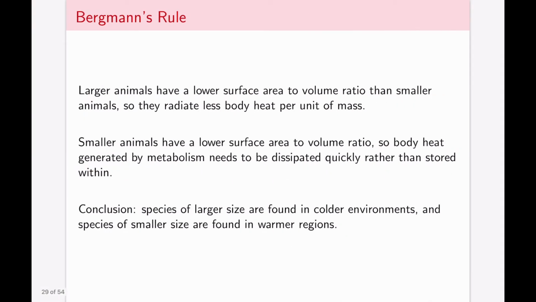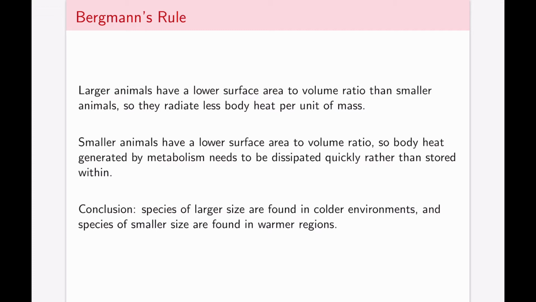The other fun rule, which is a bit of an urban myth but seems to be supported well by observation, is so-called Bergmann's rule. The idea here is that because larger animals have a lower surface area to volume ratio than smaller animals, they radiate less body heat per unit time.